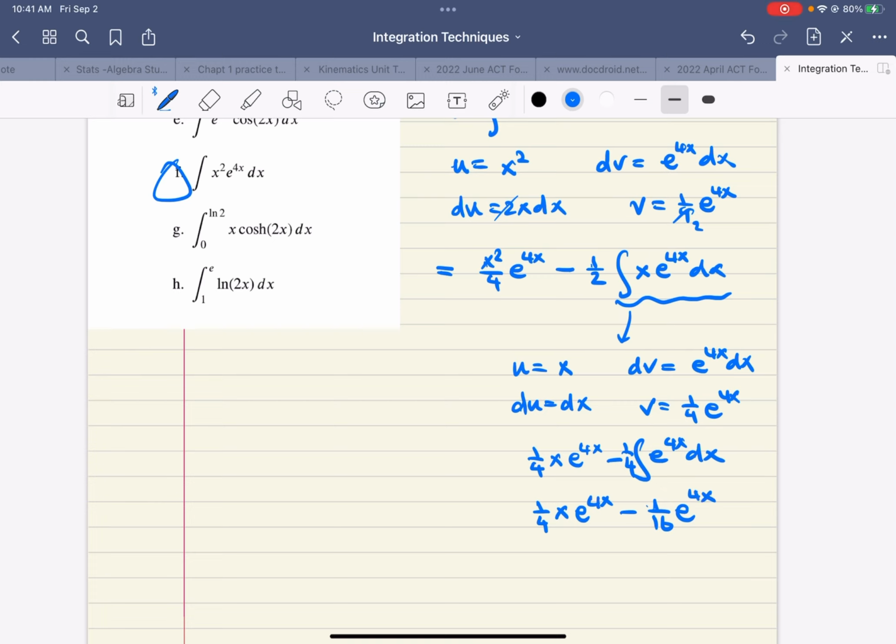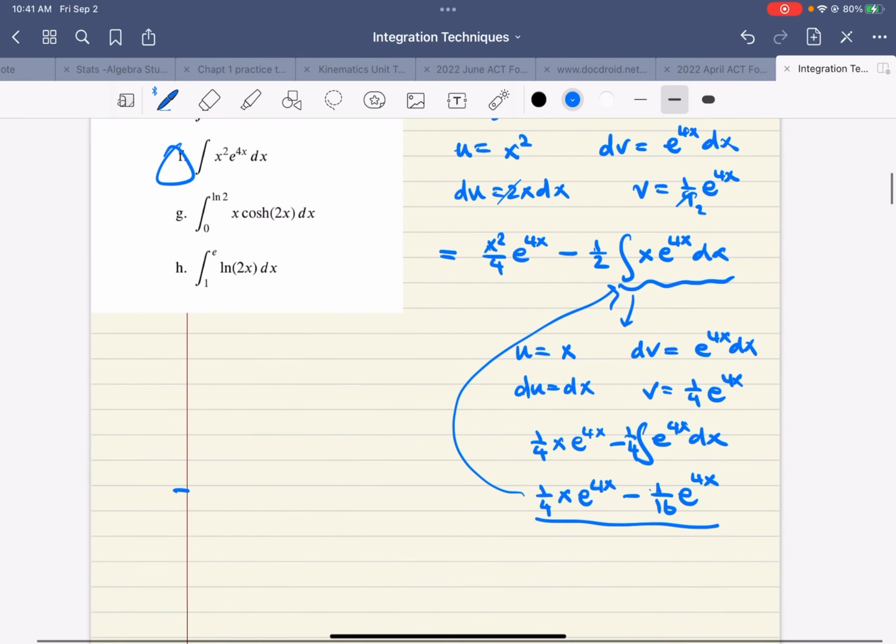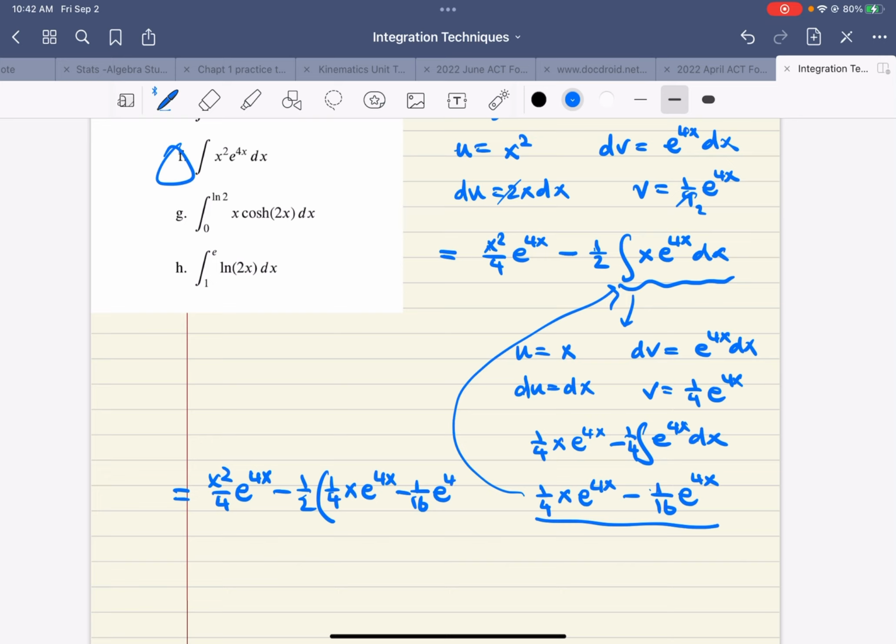So that one you plug into here. So your final answer: x squared over 4 e to the 4x minus 1/2 times 1/4 x e to the 4x minus 1/16 e to the 4x. And make sure you put plus c.